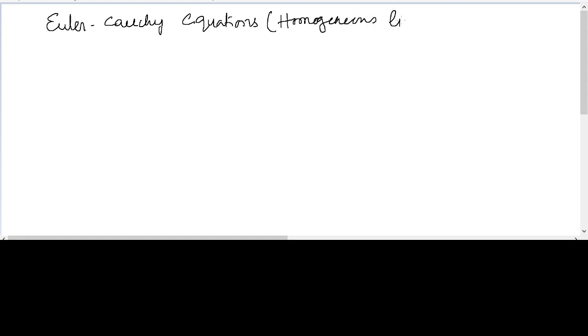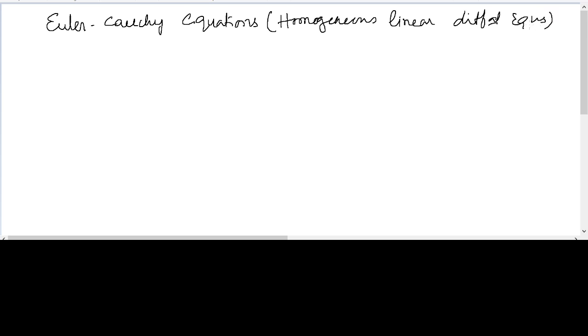So today we are going to discuss homogeneous linear differential equations, called Euler-Cauchy equations. So write down Euler-Cauchy equations, or you can write homogeneous linear differential equations.